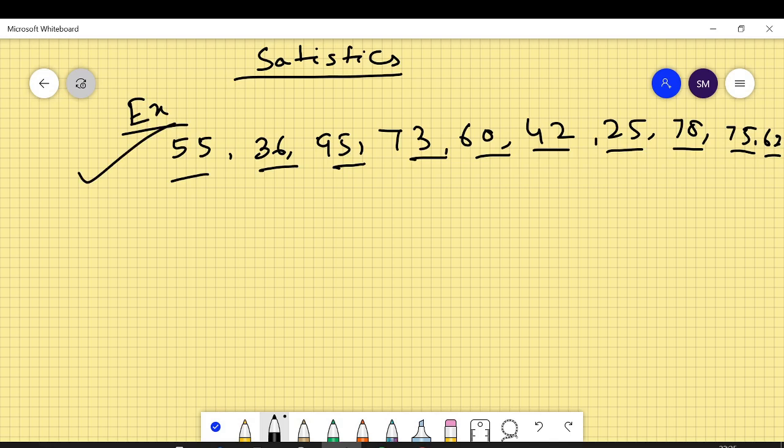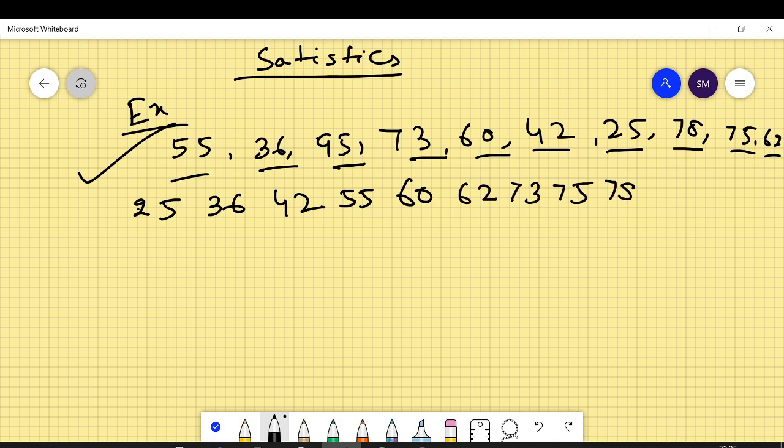When we arrange it in ascending order: 25, 36, 42, 55, 60, 62, 73, 75, 78, and 95. This is arranged in ascending order.